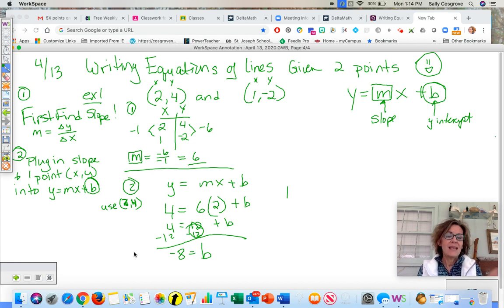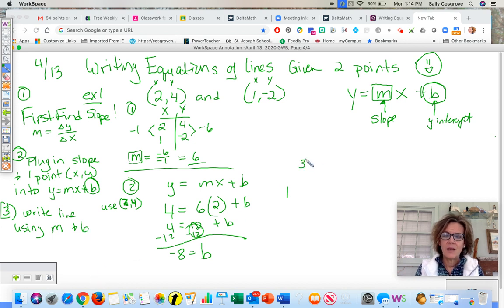All right, guess what? We have the slope. We have the y-intercept. Can we now write the equation of the line? Yes, that's step 3. Write the line using the slope you found, m, and the y-intercept that you found, b.